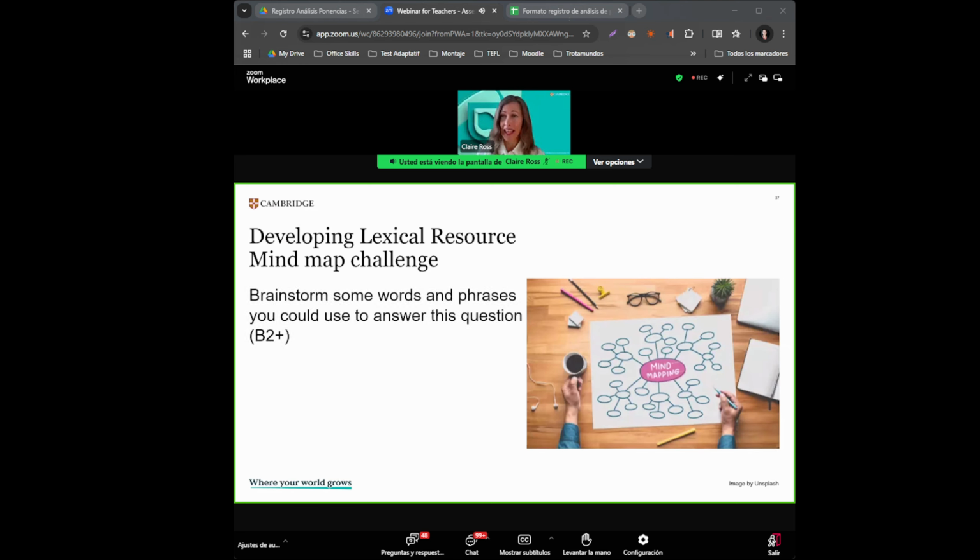And I'd like you again in the chat to think of some nice high-level words and phrases. I want some phrasal verbs, some nice collocations that you could use to answer this question: what can you use a computer for? So let's see some nice examples of high-level language for talking about computers.